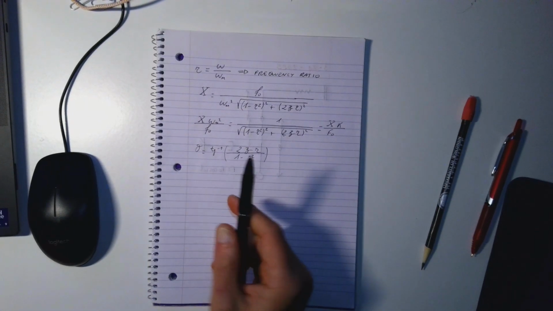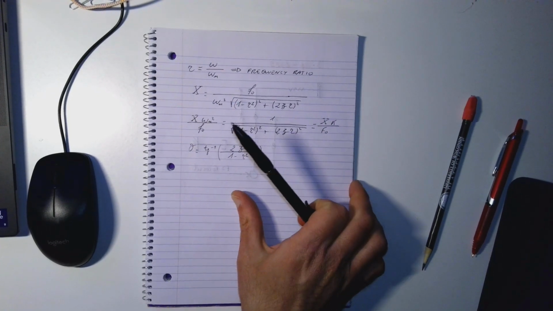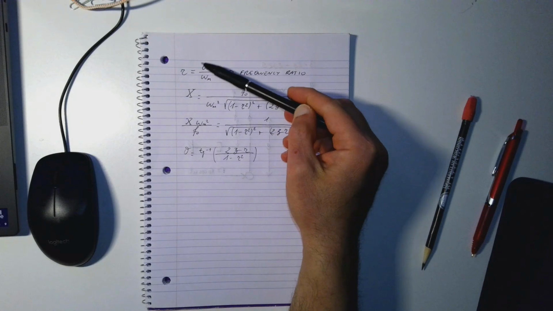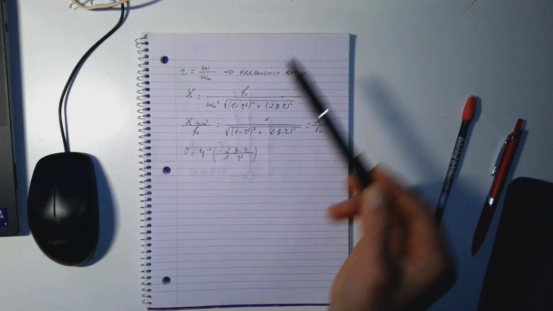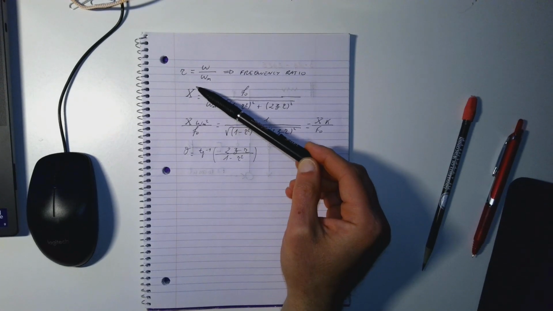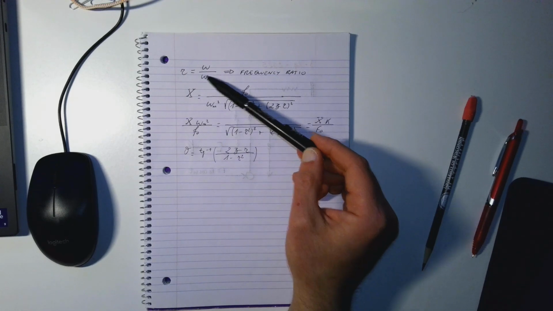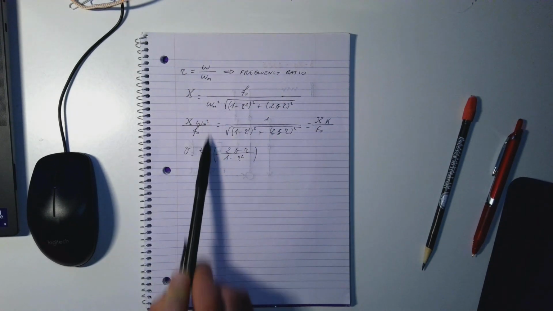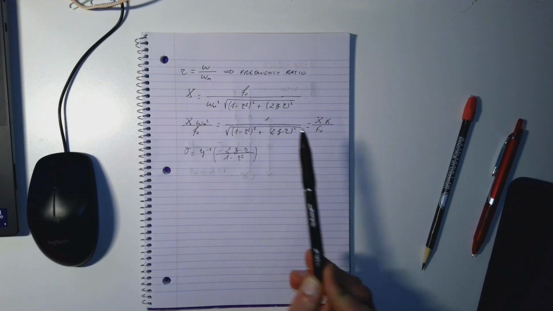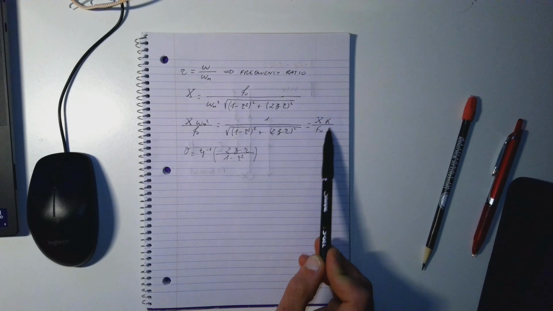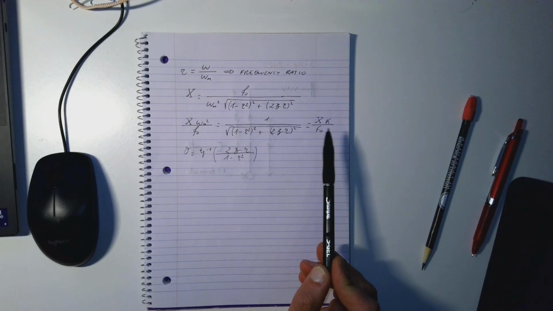After that, we introduced the concept of frequency ratio, which is the ratio between the frequency of the external force and the natural frequency. If we rewrite the amplitude and the phase after introducing this parameter, we can find these two functions, which are basically the phase and the amplitude normalized with respect to the mass and the elastic constant.